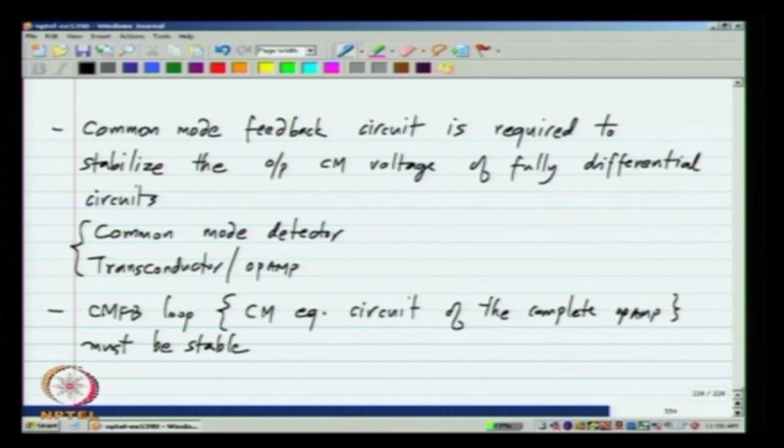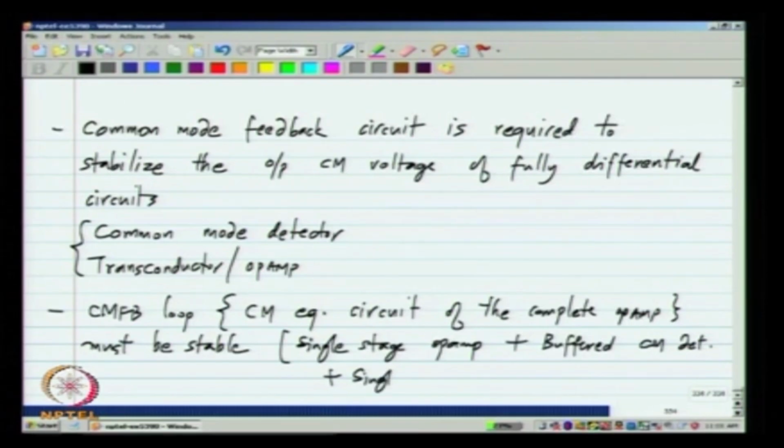Now, for the particular case that we considered, and this is a fairly typical case, single stage op amp plus a buffered CM detector plus a single stage single ended transconductor for CMFB.